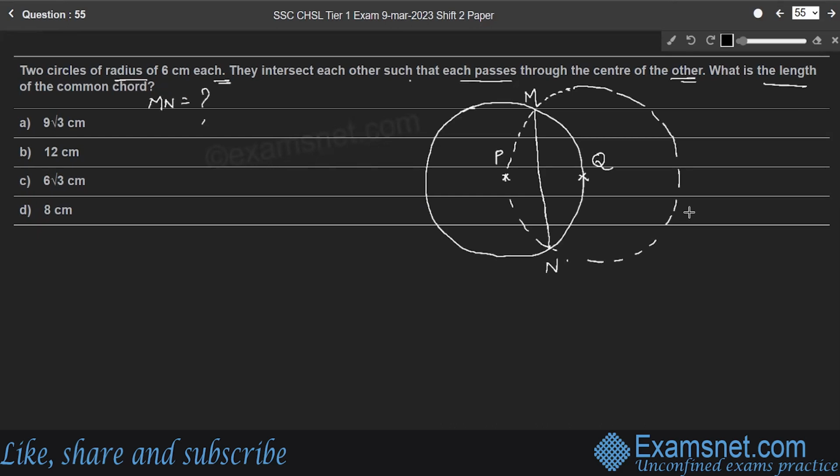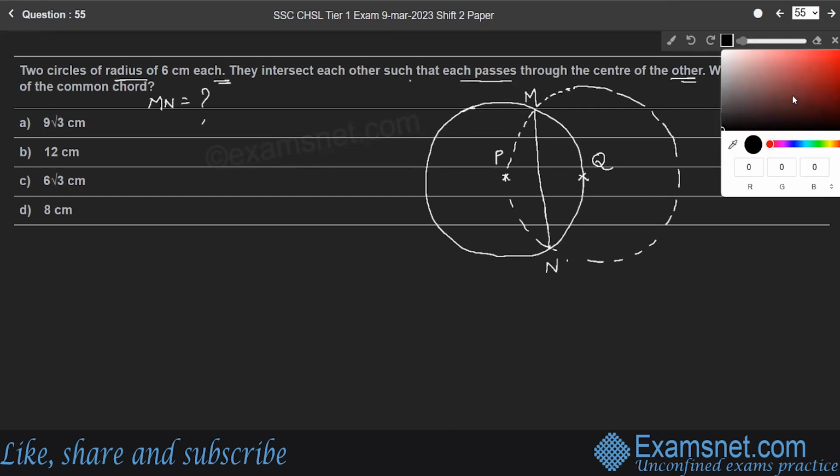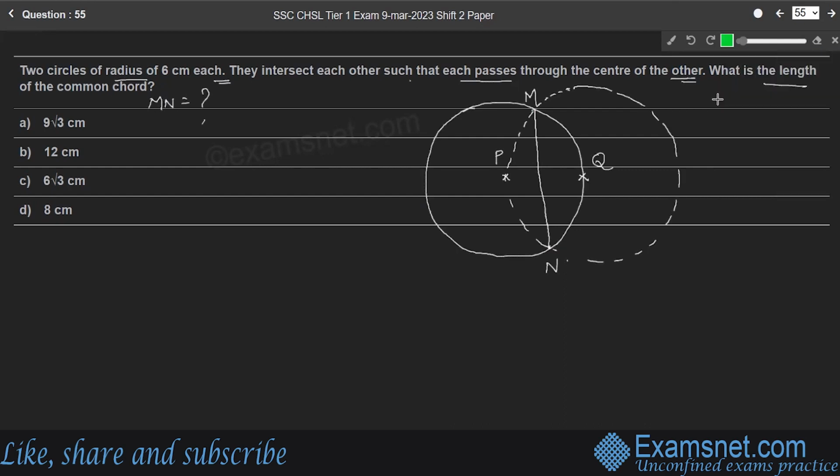For that, join MP, like this, and PN, QN, and MQ. And also join PQ. So here MN, the common chord, meets PQ at some point. Let us name it as O.